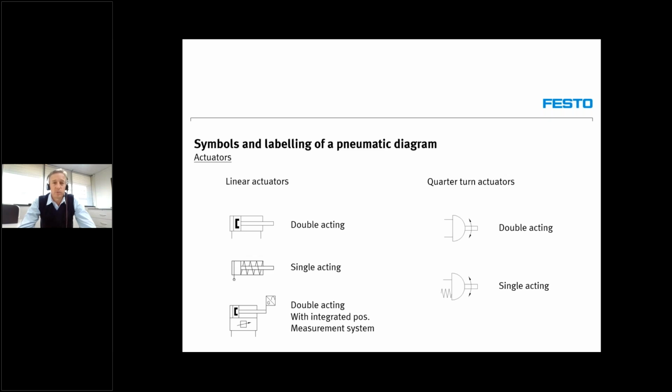Too low is not good, because obviously the actuators will move, and the more it moves, the more air it will use. So once again, trial and error. There's not a set prescription of this is how much, but like I say, very often customers say, oh, let's rather give you too much than too little.